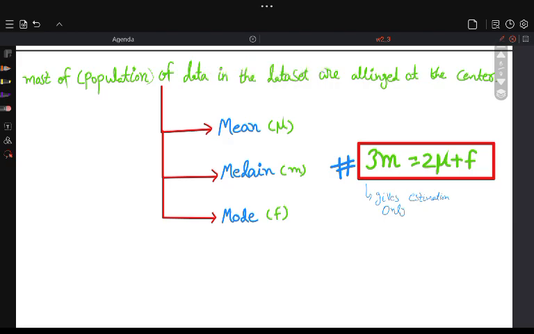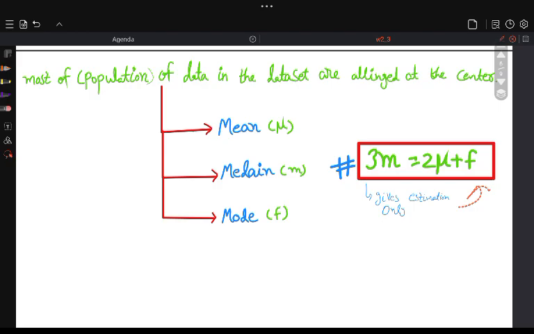There is an equation that combines them, and the equation says 3 times the median is equal to 2 times the mean plus the mode. The symbols of them are given here, so we can check from it. It is an estimation only, not actually 100% correct.